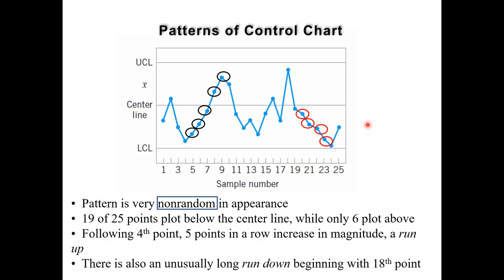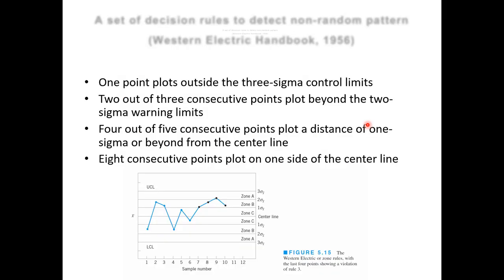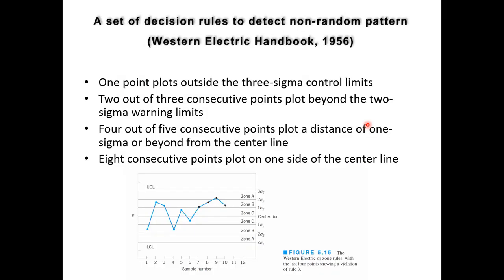So these are the non-random patterns of a control chart. This is an example of a non-random control chart. How would you know whether a control chart has a non-random pattern or not?